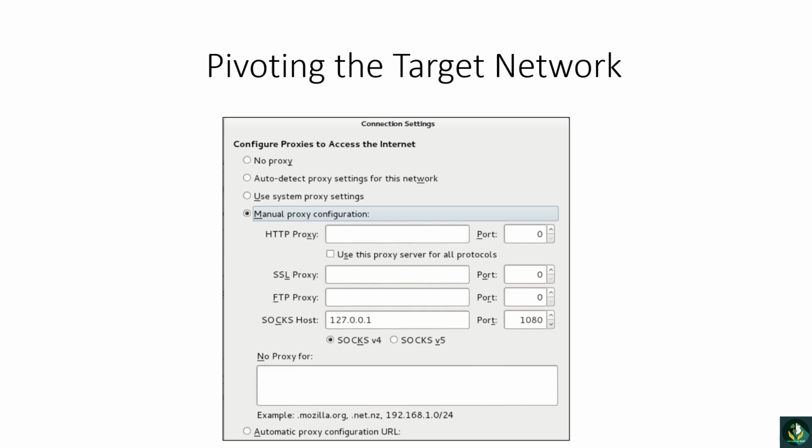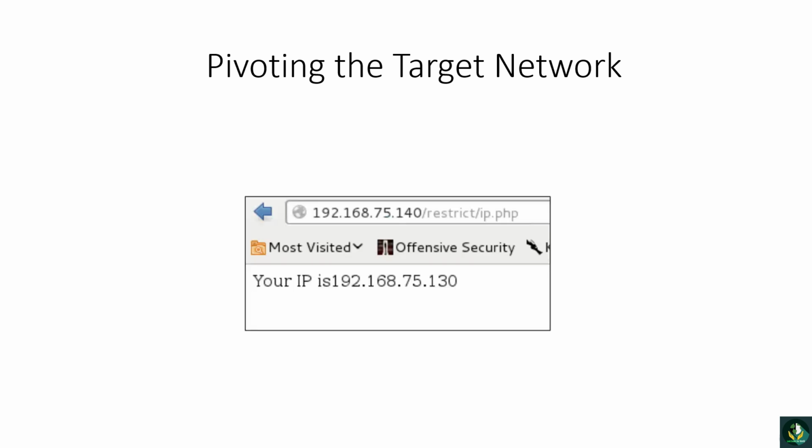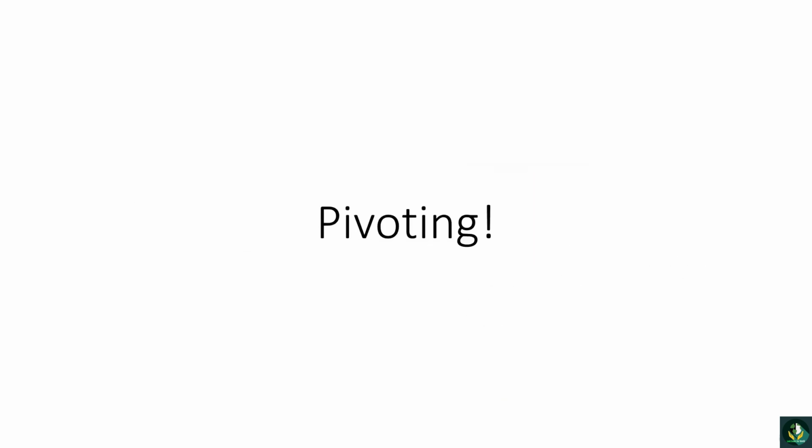We reconfigured the proxy chain with the address of our SOCKS server, and configured our browser to use the SOCKS proxy with the address of our SOCKS server. That's the total use case of pivoting.